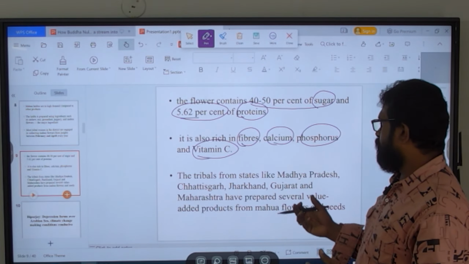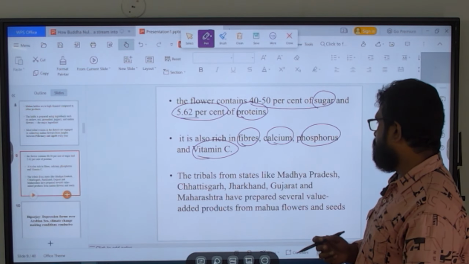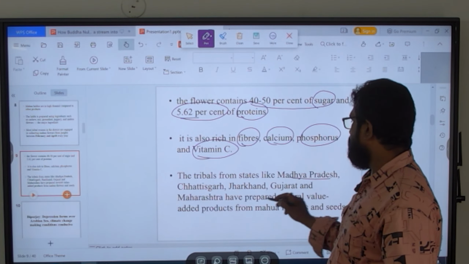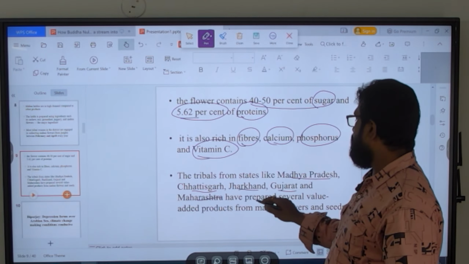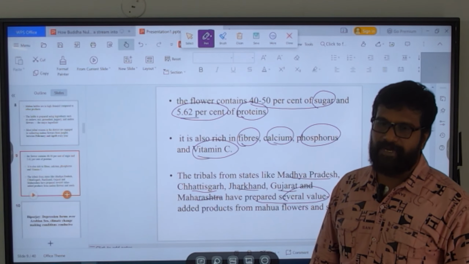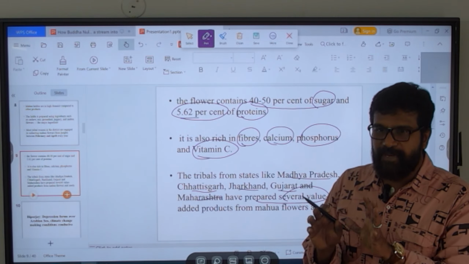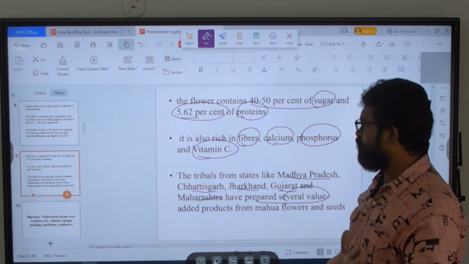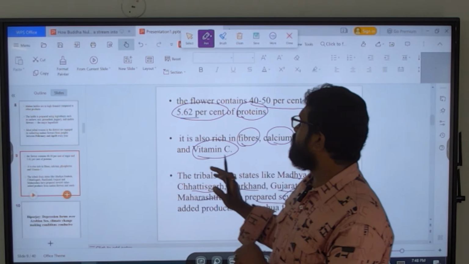Not only the tribal people of Odisha, but in states like Madhya Pradesh, Chhattisgarh, Jharkhand, Gujarat, Maharashtra, they have also prepared several products in their states. But especially this Mahua Laddu is very, very famous in Odisha, made by the tribal people living there. So this is the content that we are collecting from these kinds of news.